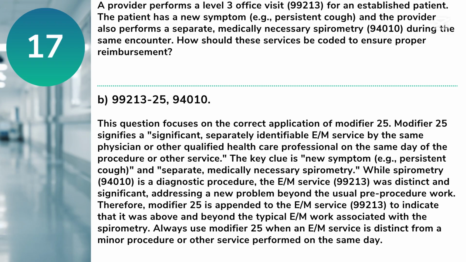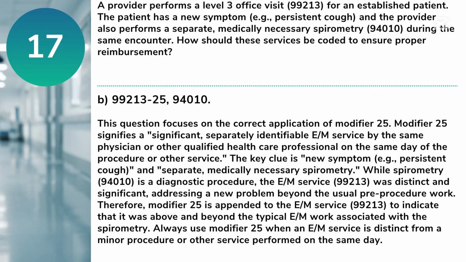While spirometry, 94010, is a diagnostic procedure, the E/M service, 99213, was distinct and significant, addressing a new problem beyond the usual pre-procedure work. Therefore, Modifier 25 is appended to the E/M service, 99213, to indicate that it was above and beyond the typical E/M work associated with the spirometry.